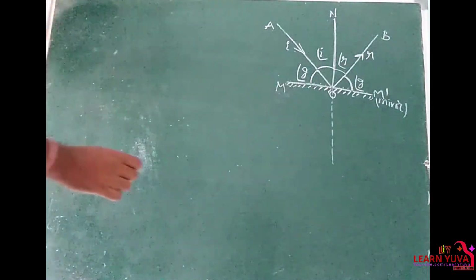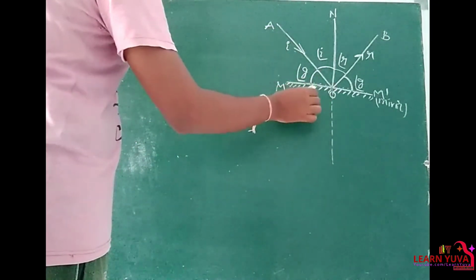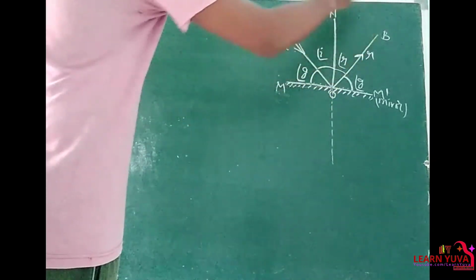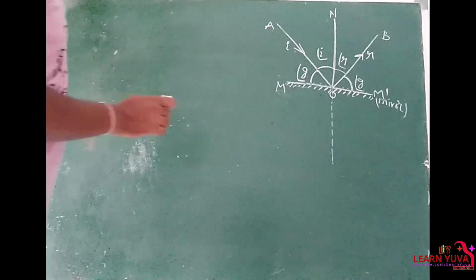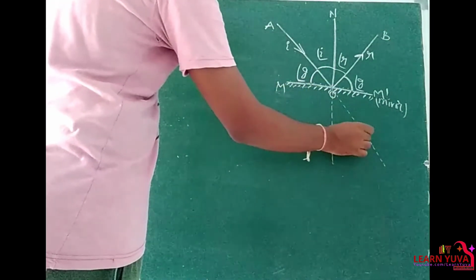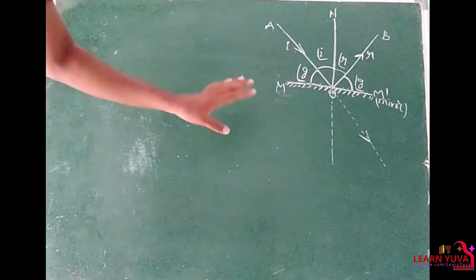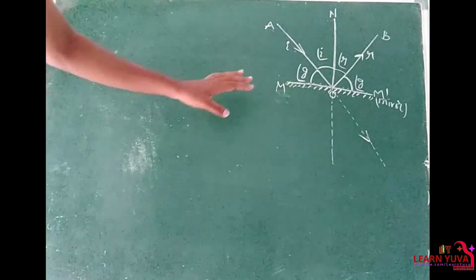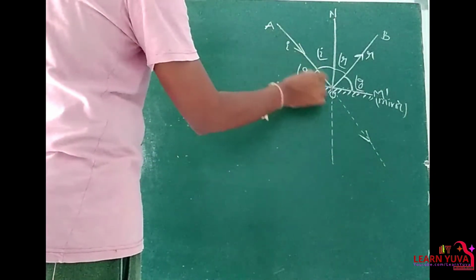Next, angle of deviation. If it is a mirror, after striking the mirror, the light ray gets reflected. For example, if there is no mirror, what happens? This light ray will travel in this direction, in a straight way. So the angle of deviation can be defined as the angle made by the extended incident ray. We are extending this incident ray.